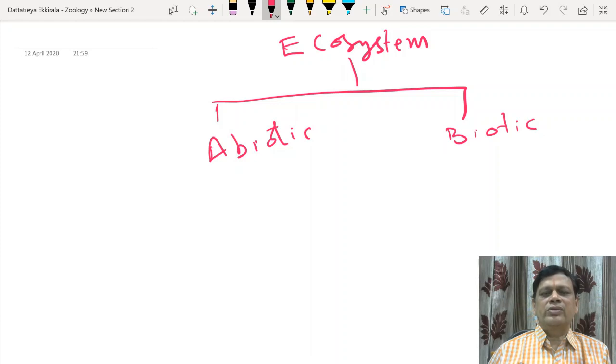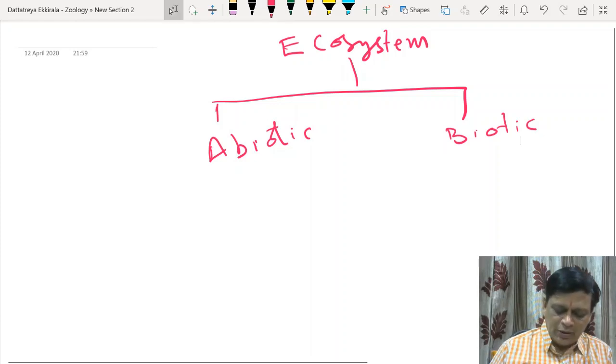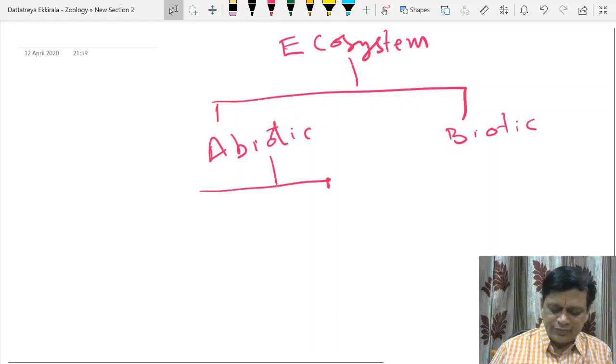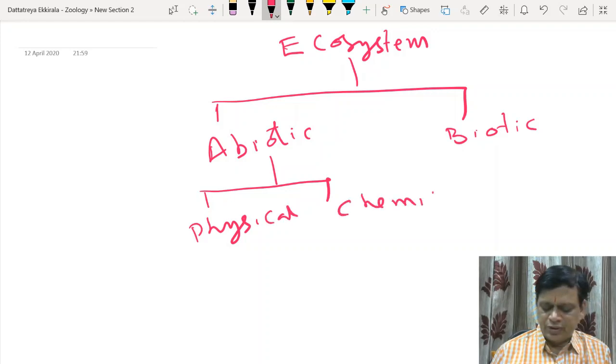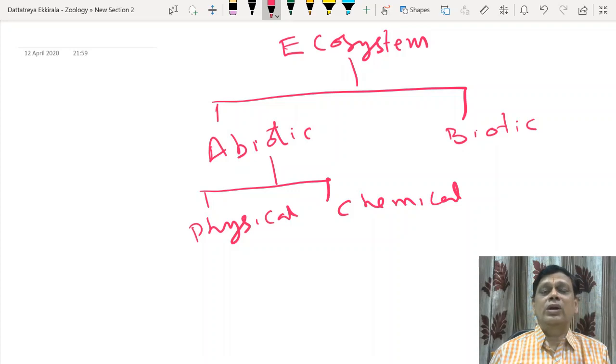Here we are going to discuss some aspects of abiotic components. Abiotic means it includes physical and chemical components. So light, water, temperature, soil, all these things are physical.